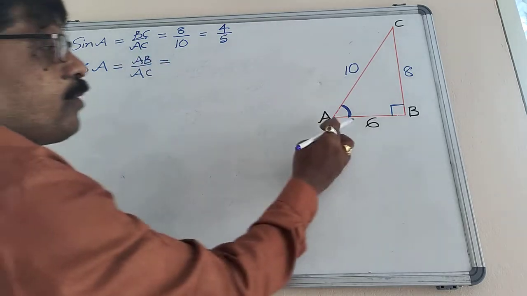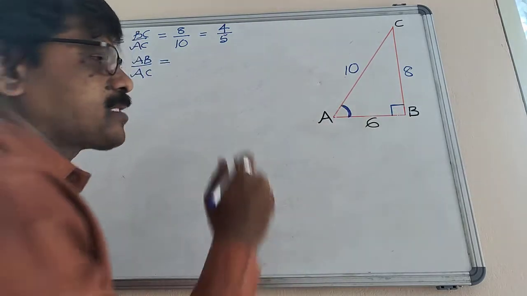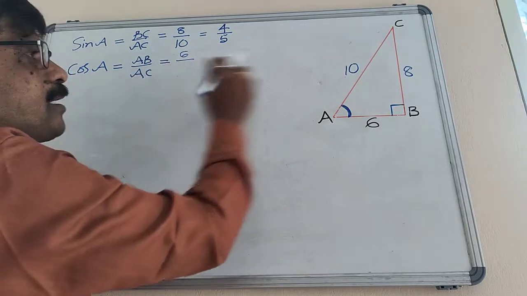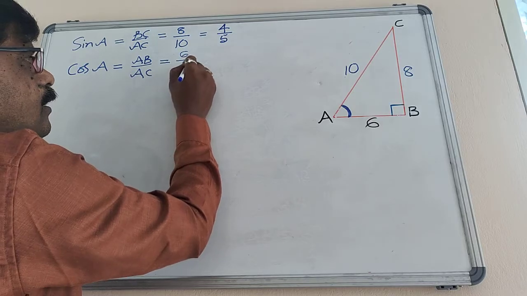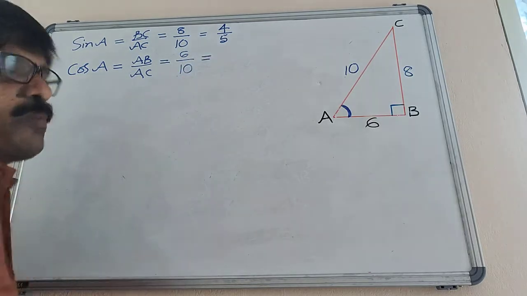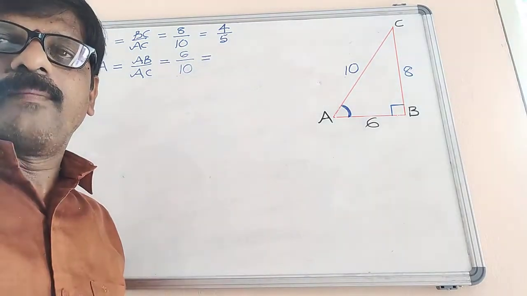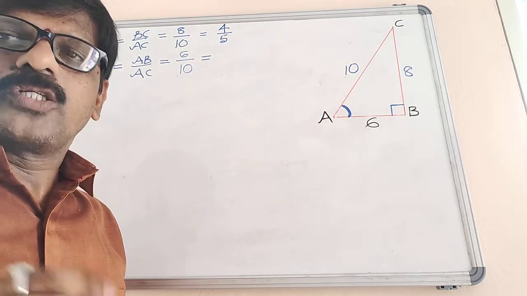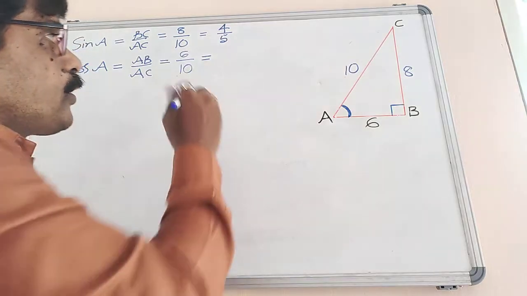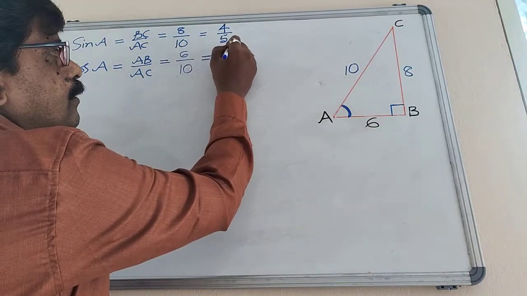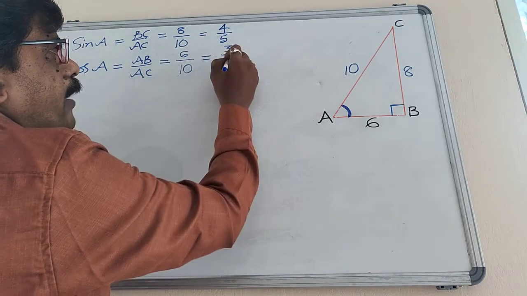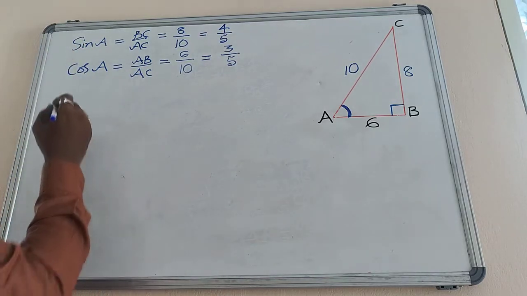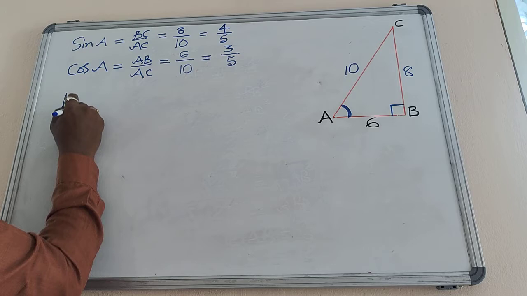Now the value of AB is 6 by the value of AC is 10. In simplest form of 6 by 10, numerator and denominator divide exactly by 2. Ante 2 3s are 6, 2 5s are 10. Clear?